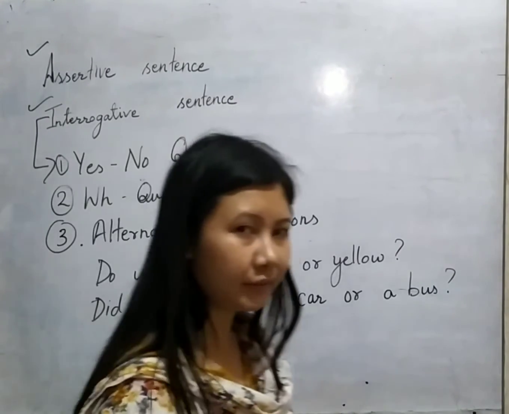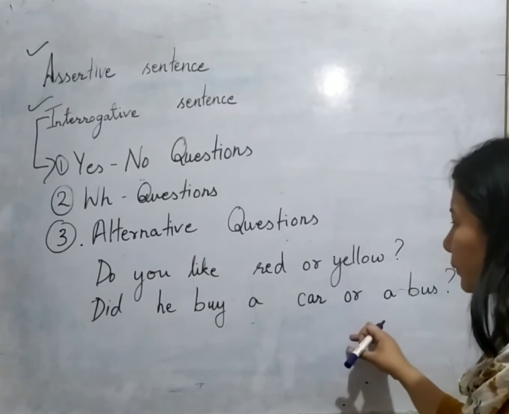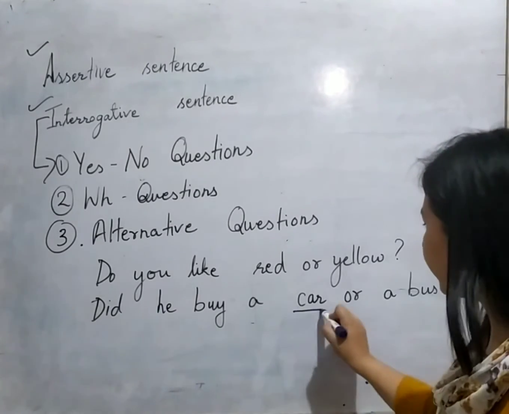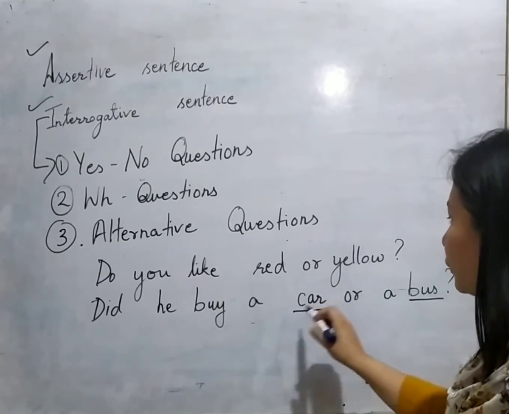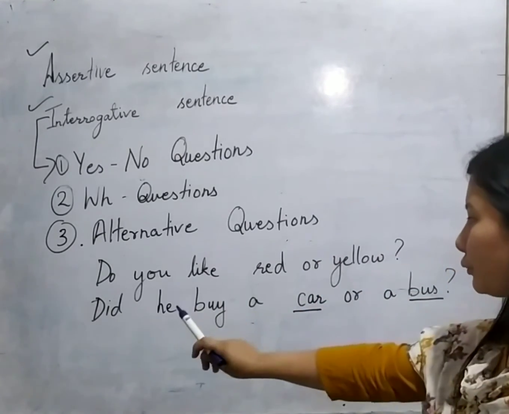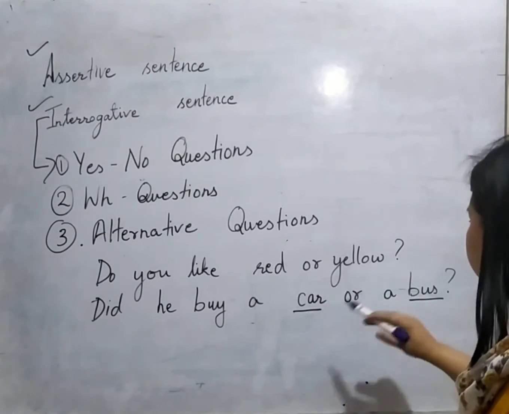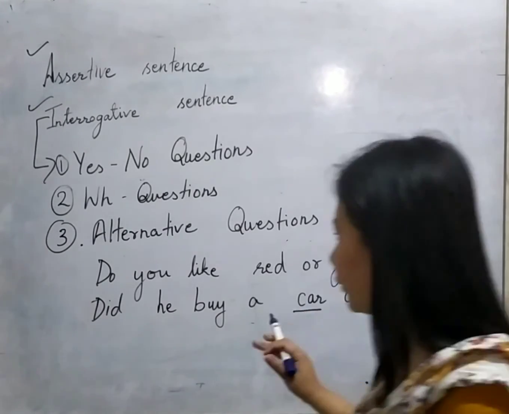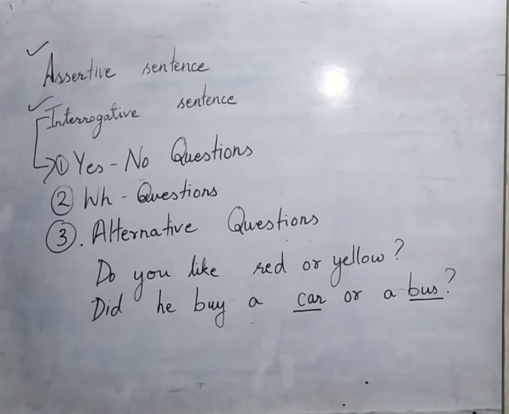This question is also an example of an alternative question because the options are provided. Over here the option is car and over here bus. You have to choose between these two. You can say he bought a car, or you can say he bought a bus. The option is already provided. You have to choose from the options given in the question itself.